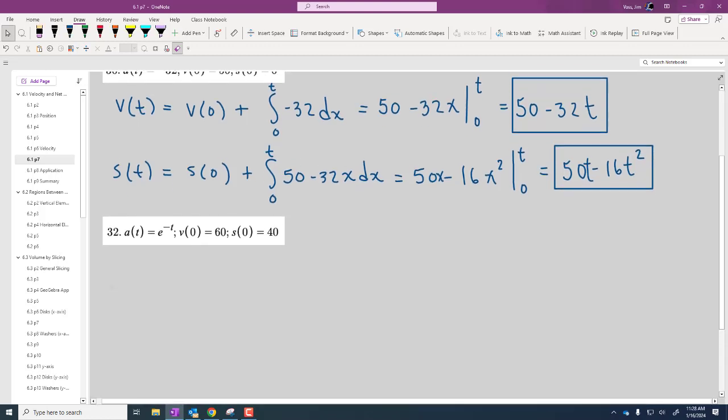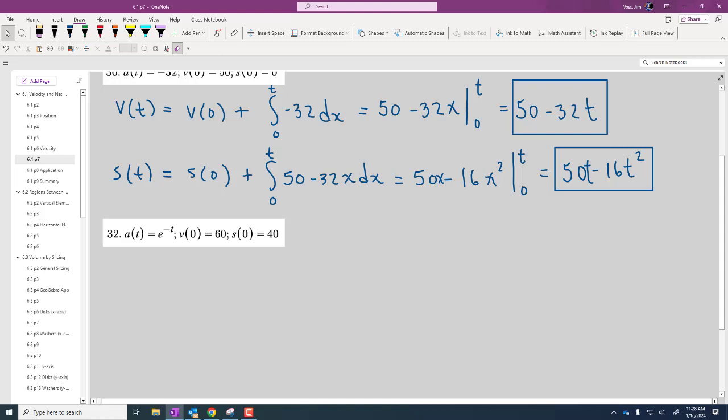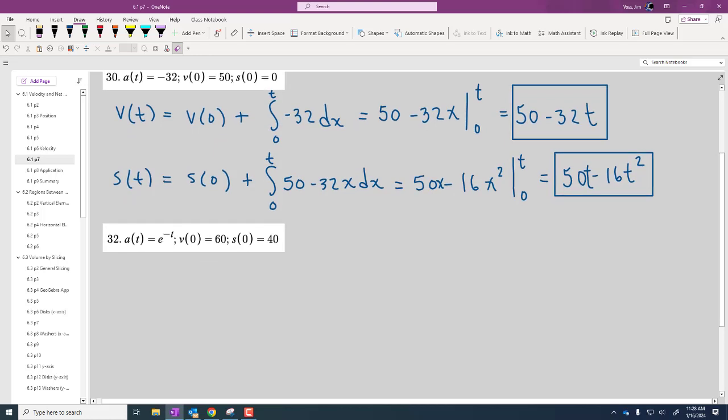Okay, you all try this one. So same thing with this acceleration function. Find the velocity as a function of t, and then use that to find the position as a function of t. And I'll leave that one up there so you can model it. Let me know if you need a nudge.